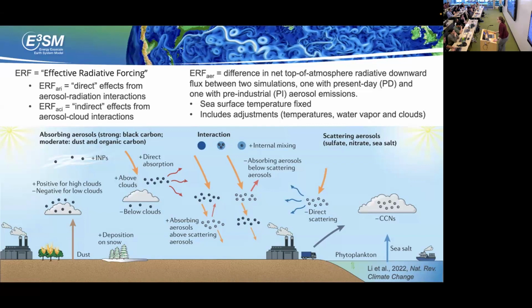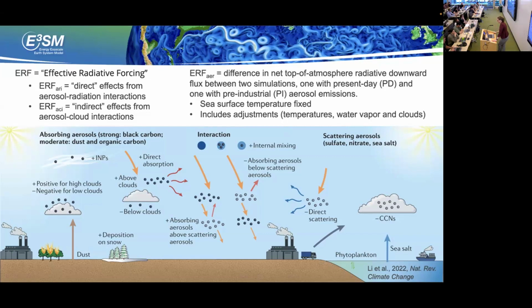And this schematic is showing what some of those processes are. As you may know, we have various aerosol species in the model, including some that are very strong absorbers of radiation, like black carbon, and moderate absorbers like dust and organic carbon.